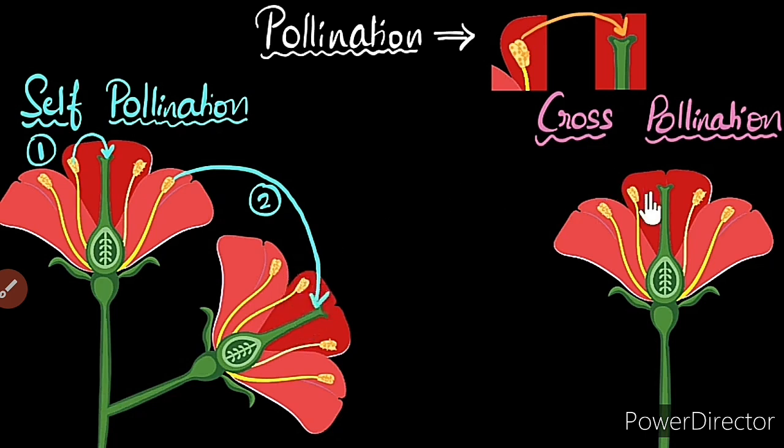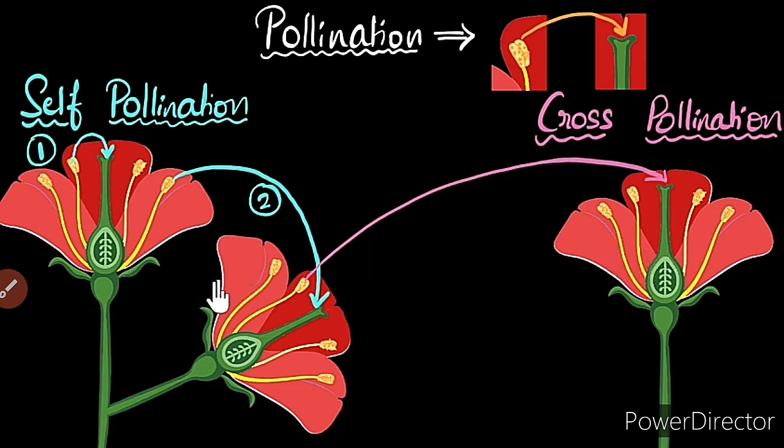So for example, if the pollen grains go from here all the way to the stigma of a different flower belonging to a different plant or tree of the same species, it is called cross pollination.